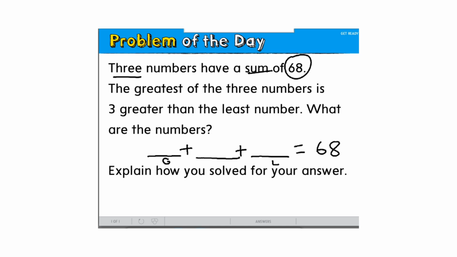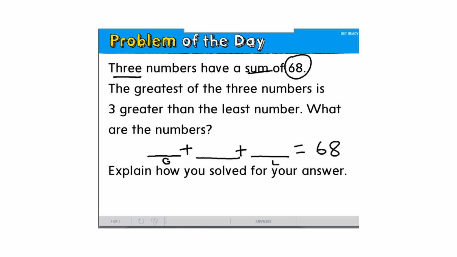I saw some 60 plus 5 plus 1, or 60 plus 3 plus 3, things like that. That gives you 60 plus 3 plus 5. Some people were trying to think of 3 numbers that could get you to 68, but those 3 numbers didn't actually follow the rules up here.